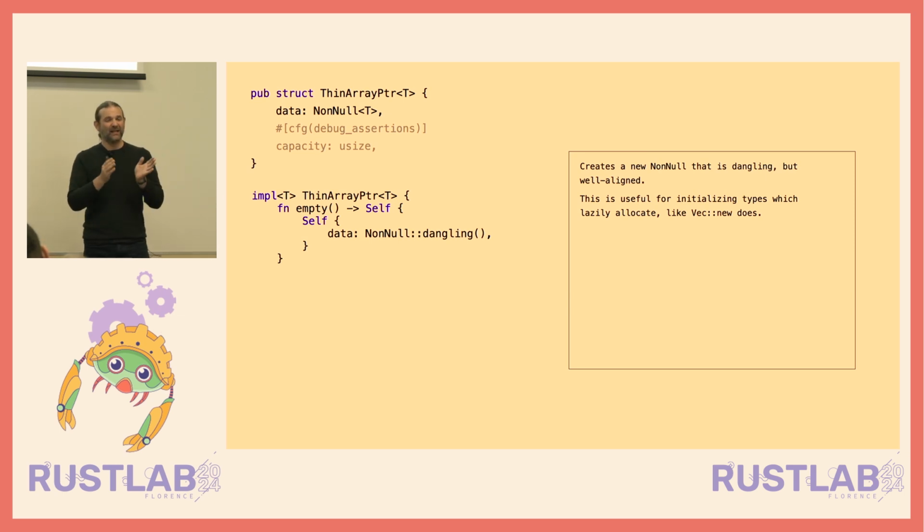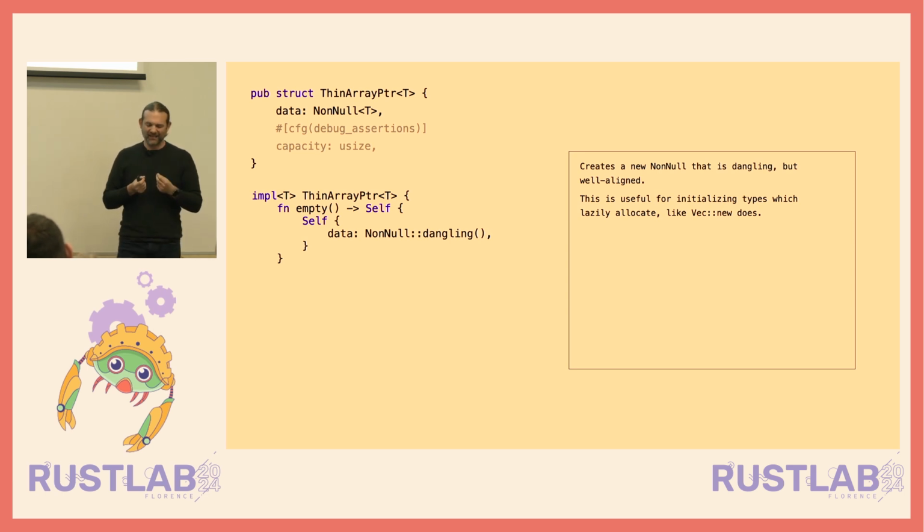Well-aligned means that the address this pointer points to is dividable by the bytes it takes for T to be stored there, which means that you get one address where you can store the whole thing, and if you have a multitude of those, every offset hops the same number of bytes.